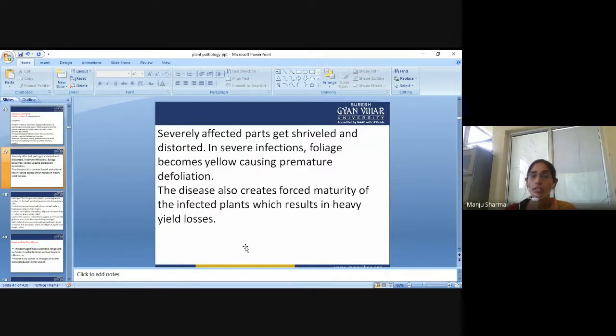Severely affected parts get shriveled and distorted. In severe infections, foliage becomes yellow, causing premature defoliation. The disease also creates forced maturity of the infected plant, which results in heavy yield loss.